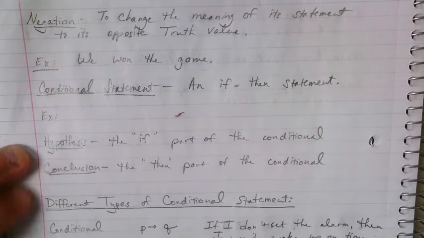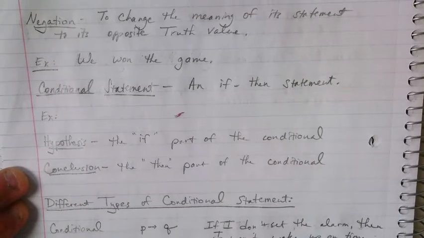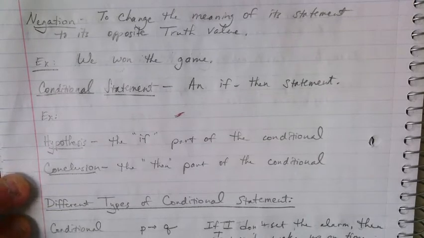If you think about the scientific method, what do you start with? You start with your hypothesis. So in an if-then statement, you start with the if being your hypothesis. The conclusion is the then. If this takes place, then this will take place. It happens after the if, and so we have the conclusion.